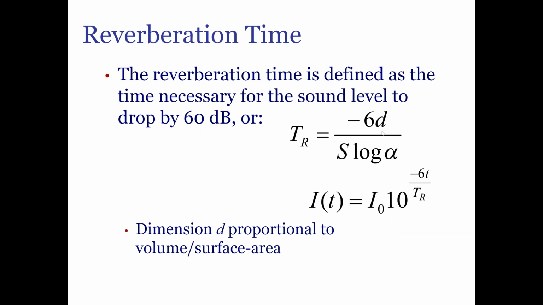It also has the speed of sound. So if that changes, that's going to change your reverb time, which means when the temperatures are different, your reverb times are also slightly different. It has the room dimension, which is the volume to surface area ratio. And then we have our reflectivity of the surface as well.